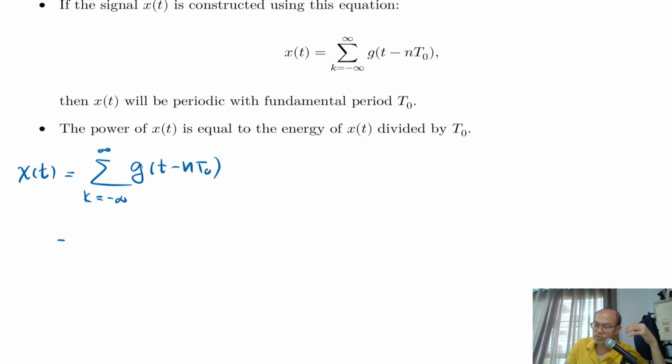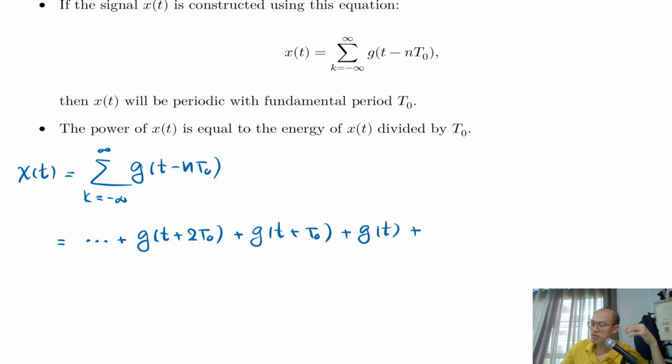So this is dot dot dot plus g of t plus 2t0 plus g of t plus t0 plus g of t plus g of t minus t0 plus g of t minus 2t0 plus dot dot dot.